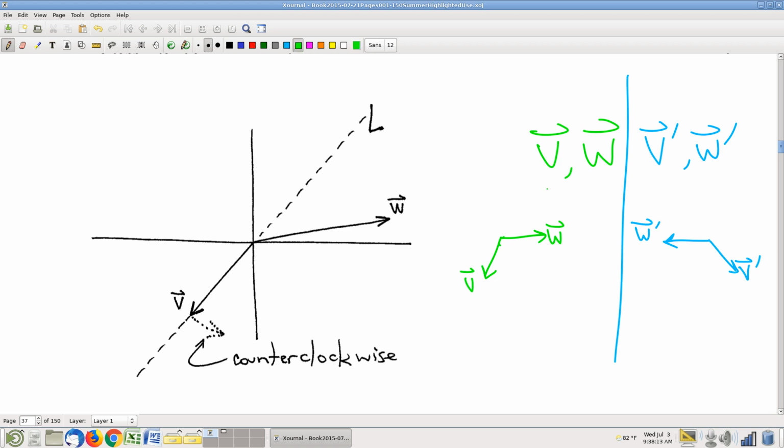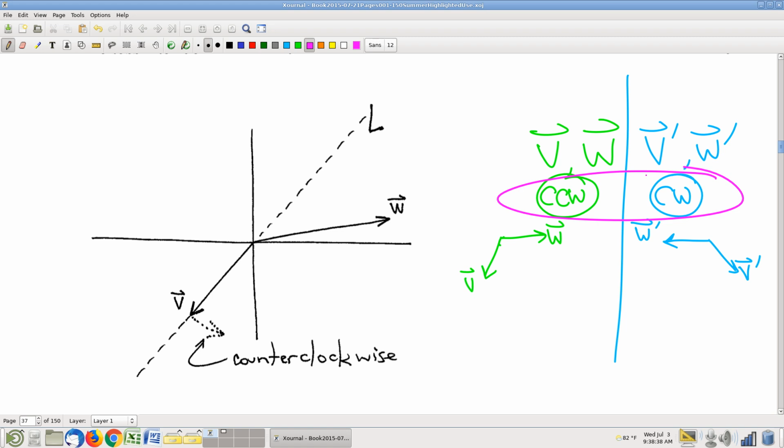This being a counterclockwise order, the reflection is a clockwise order. So this is what we mean when we say that these two orderings are reflections of each other. And that's another sort of geometric naturality. Again, not clear why we care, but there is something, you've got to give it to me, geometrically interesting about that.